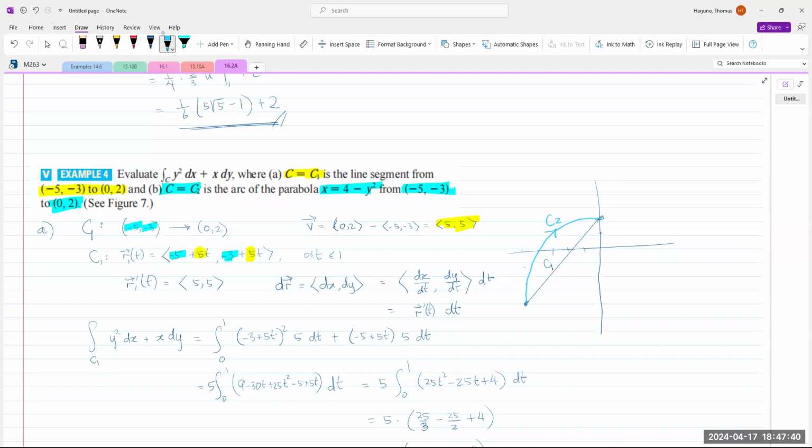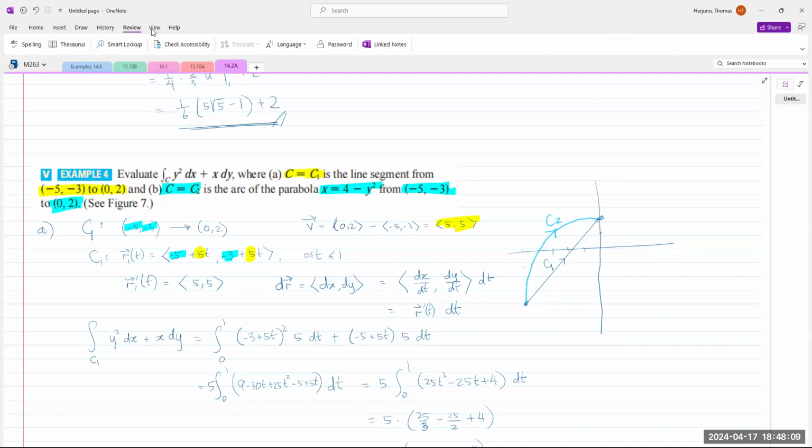Now, will that give us the same result? We don't know, but I can tell you it's not. There are situations where it's independent of the path, but if we don't know the situation satisfies that, we cannot say they must be equal. So we have to compute that though.